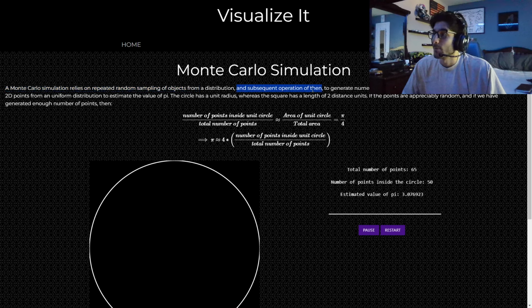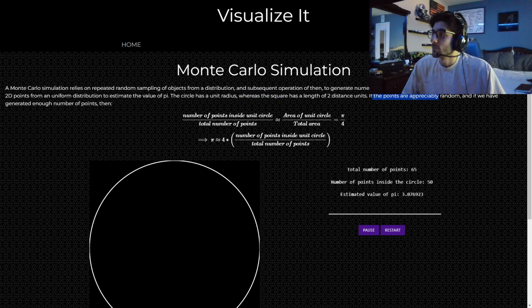A Monte Carlo simulation relies on a repeated random sampling of objects from a distribution and subsequent operation of them to generate numerical results. In this simulation, we utilize random sampling of 2D points of a uniform distribution to estimate the value of pi. The circle has a unit radius, whereas the square has a length of 2 distance units.